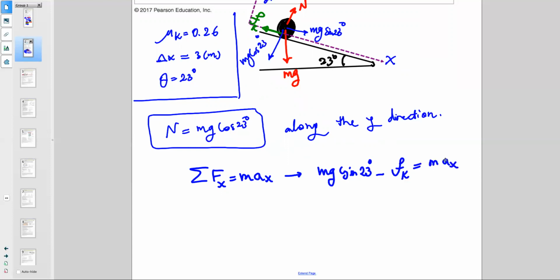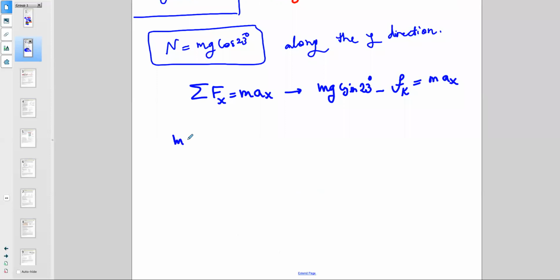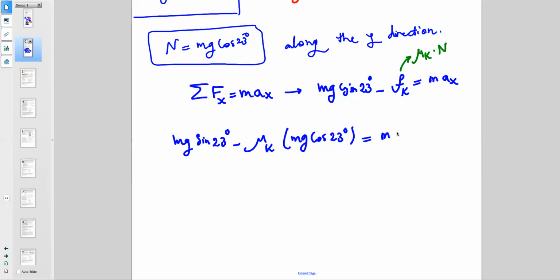m a sub x. So mg sine of 23 degrees minus f of k, and f of k is mu k times n. We know that, right? We know n is mg cosine 23. So mg sine 23 minus mu k mg cosine 23 equals ma.